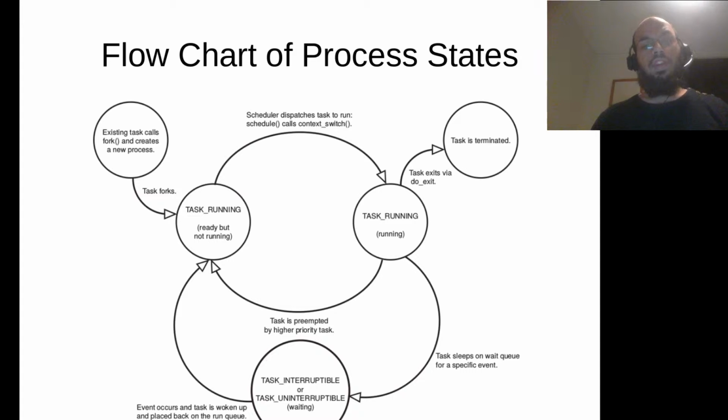In the running state, you have one of a few options. You can be preempted and go back to ready to run but not running, and that's if you get something like a timer interrupt. We have talked about timer interrupts: you allocate some time for the process to run on the processor, and after that time you evict that task so that other processes also get some share of the processor.